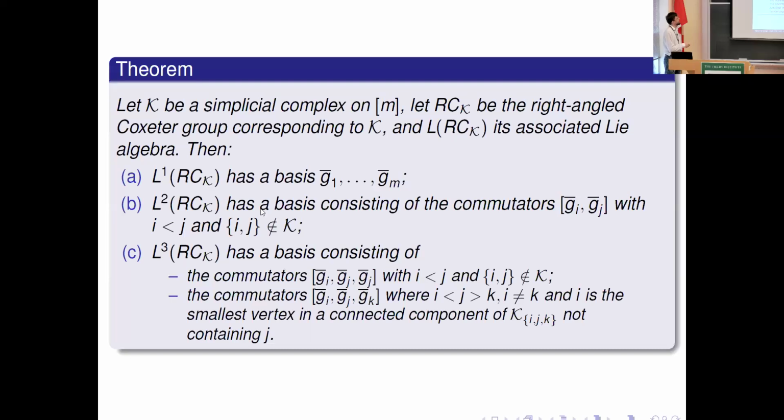L2 RCK has a basis consisting of the commutators like this with i less than j and ij not an edge. L3 RCK has a basis consisting of the commutators with i less than j, and i less than j more than k, where i does not equal k, and i is a small vertex in a connected component, not containing j.